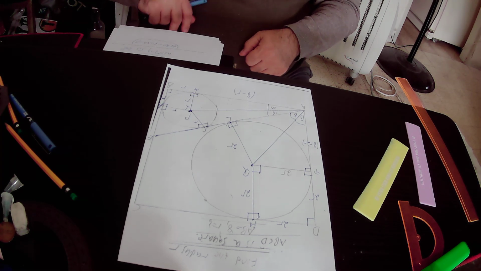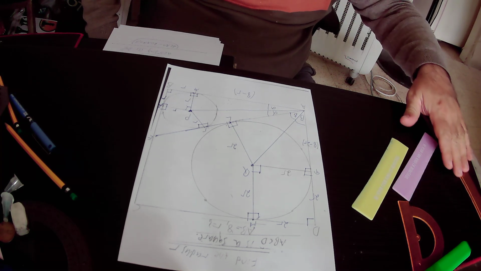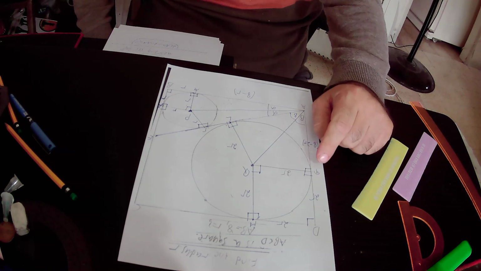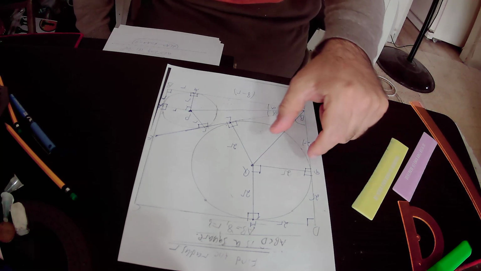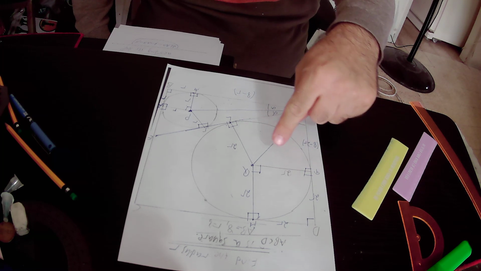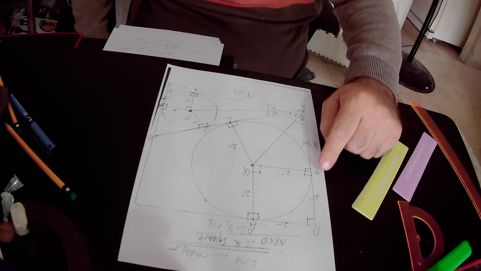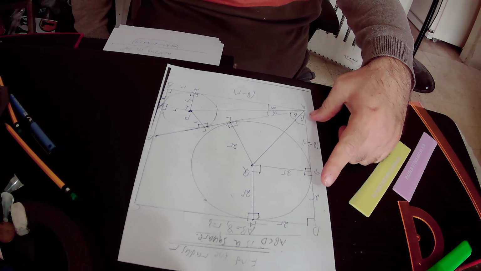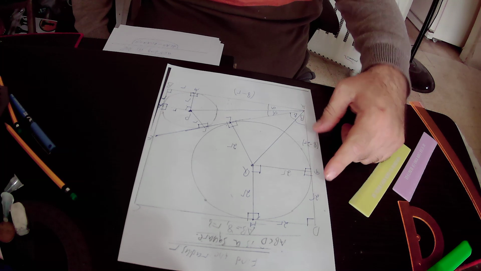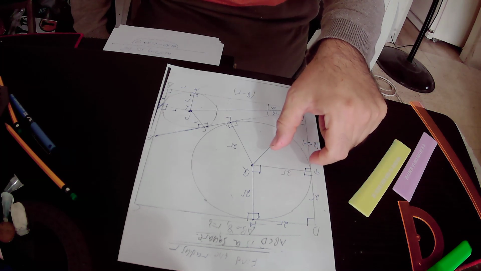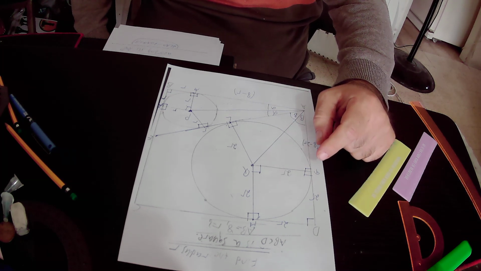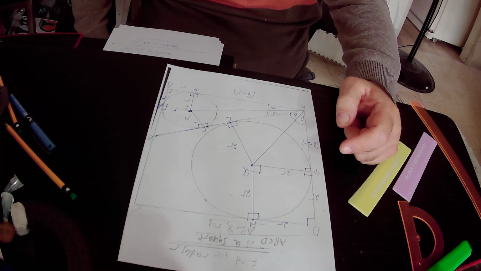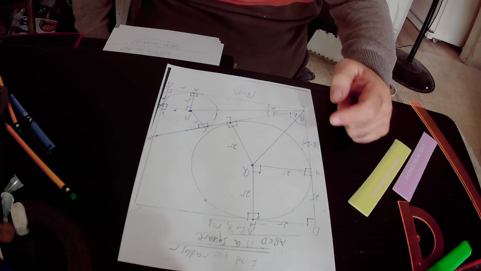Okay, so here we have this radius that is drawn to the point of tangency, that is to say point G. Therefore the side AD is perpendicular to this radius at point G, that is to say this angle is 90 degrees and this angle is also 90 degrees.